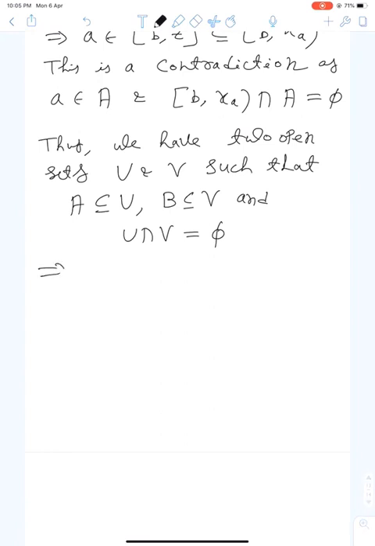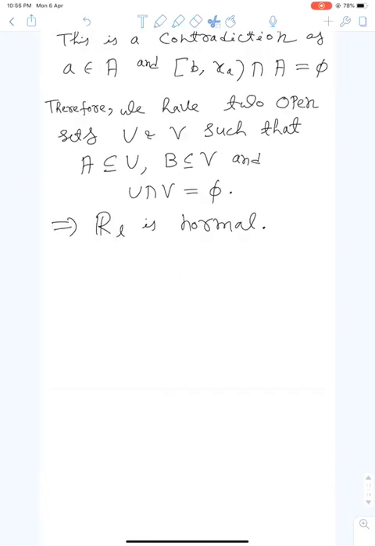That implies R_l is normal. Okay, so these are all about the regular and Hausdorff topological spaces. In the next lecture, we shall see some results on normal topological spaces.